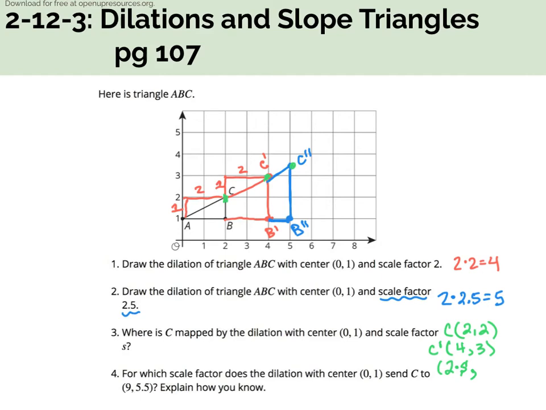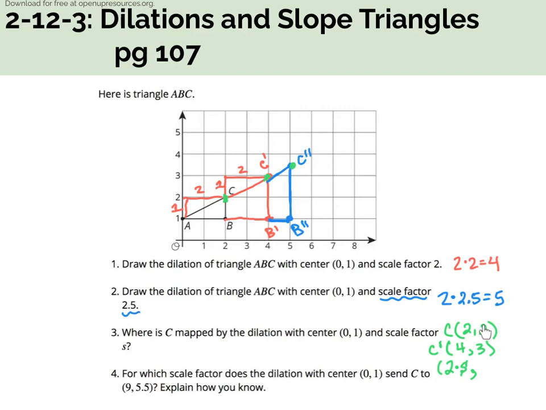Now let's look at the Y value. Well, the Y value, I started out as (2, 2). Then C prime was 3. And then C double prime ended up being 3.5. The scale factor was 2.5, right?